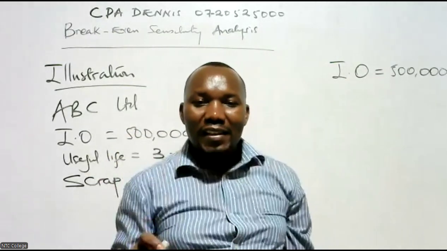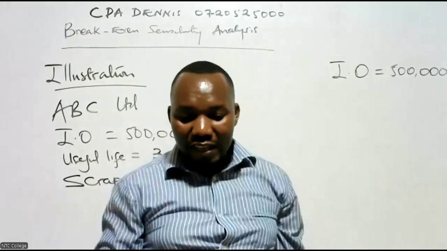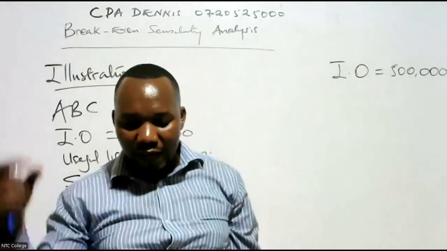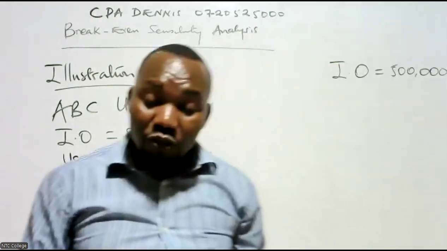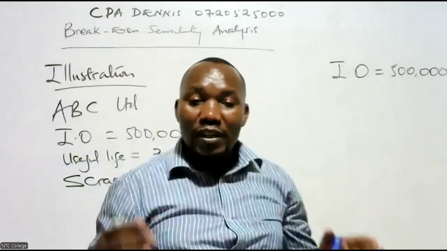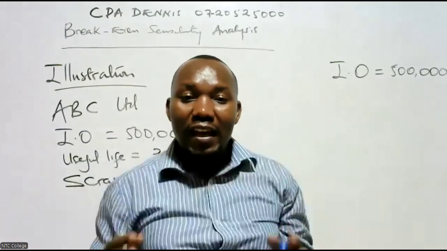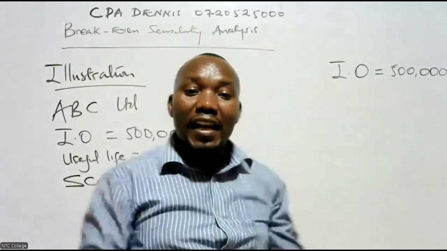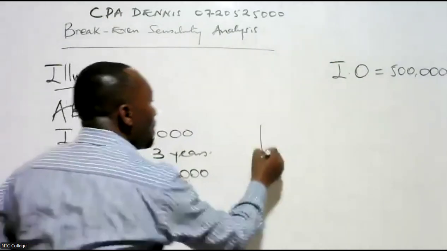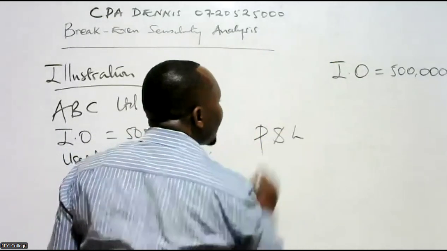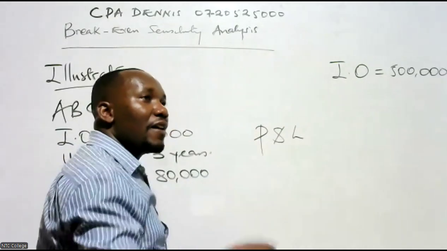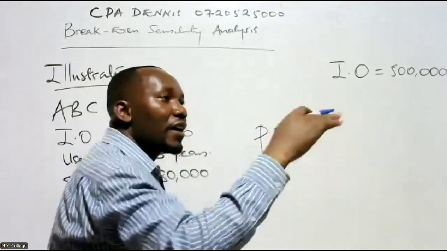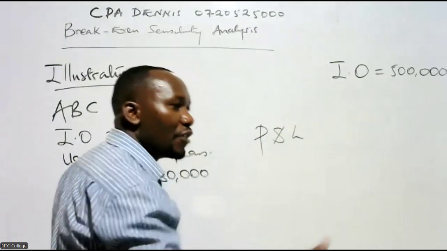So what do they mean when they say every year we shall be getting such kind of an increment? What we are basically saying here is that, if you are an accountant or an auditor, you understand that at the beginning of the year, every year, P&L items start from zero. When the financial year ends, the profit and loss goes to zero, you start afresh in January.